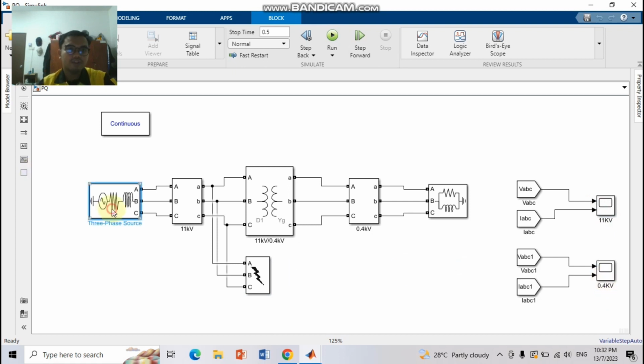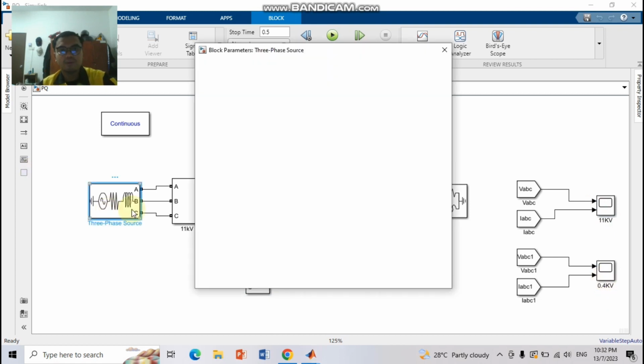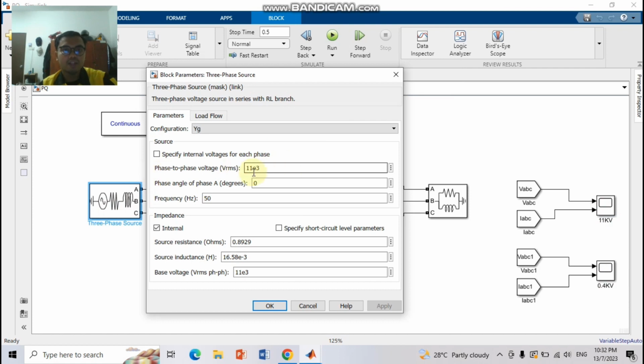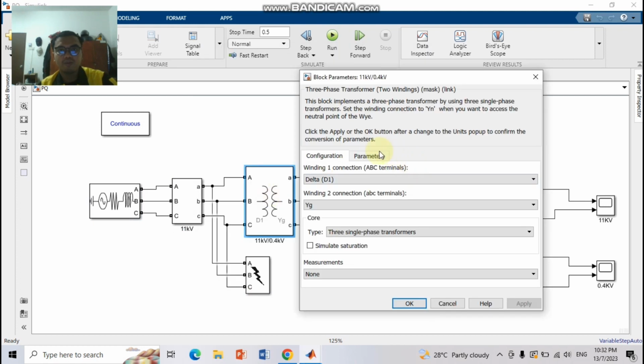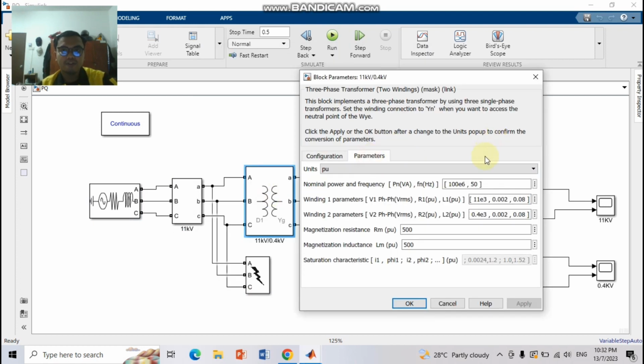Firstly, for the 3-phase source, we use 11 kilovolt. For the transformer, we use step down, where the parameter is firstly 11 kilovolt, and then stepped down to 0.4 kilovolt.